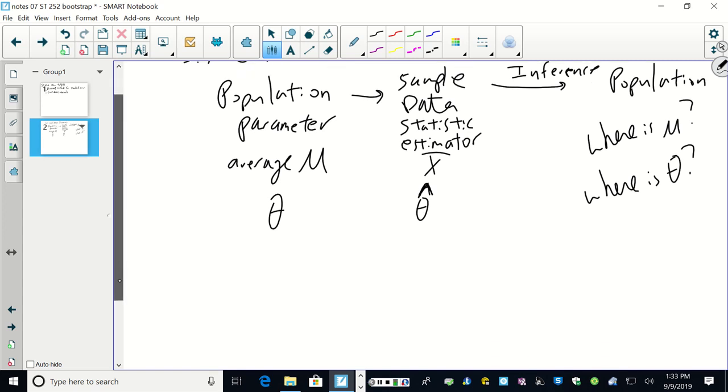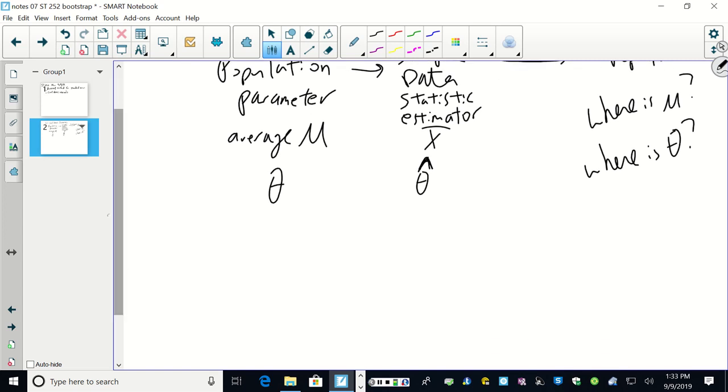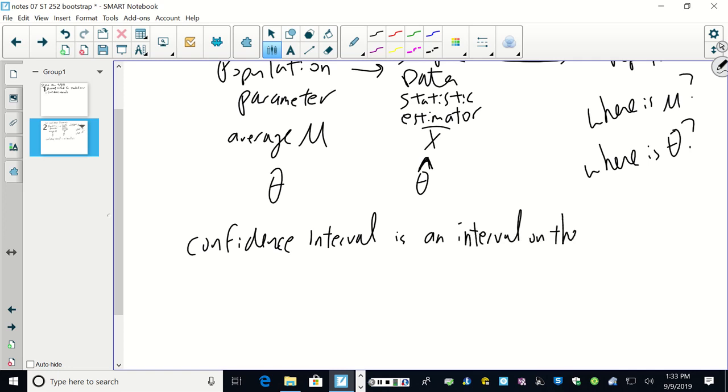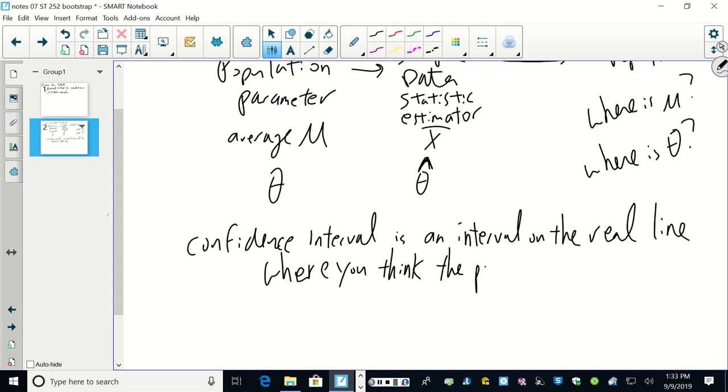And so a confidence interval is an interval on the real line where you think the parameter is located.